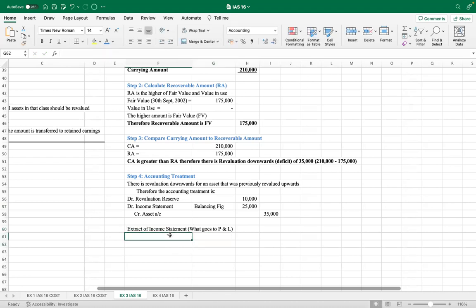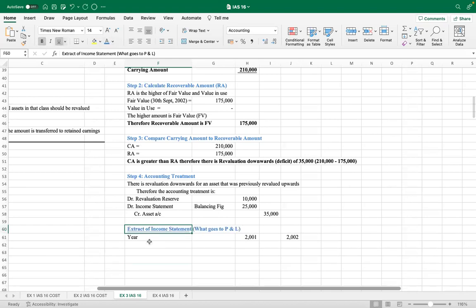What goes to the P and L? There is a first year, the year 2001, and there is the year 2002. The period year. Year 2001, I'm looking at extract of the income statement as we conclude.